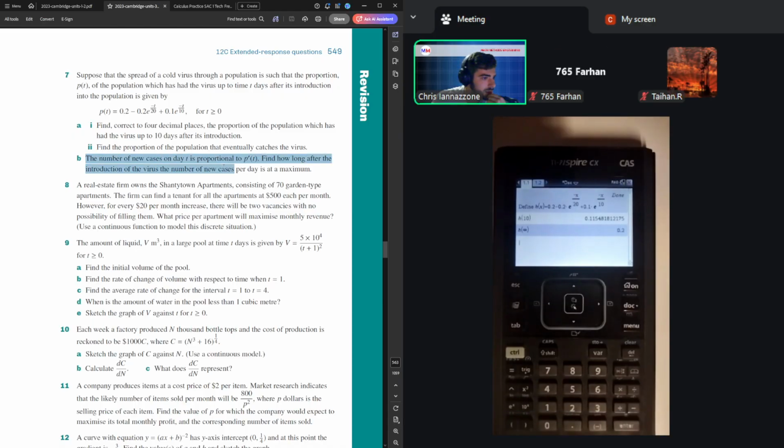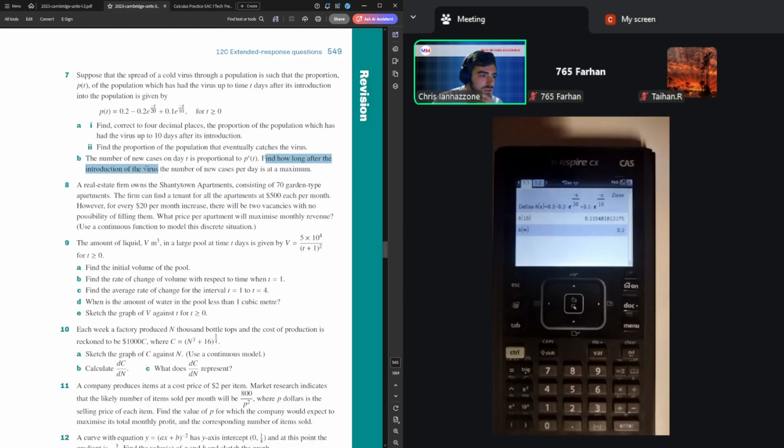Okay. Next up, and final for question 7. Let's see. Number of new cases on day t is proportional to P dash. Find how long after the introduction the number of new cases per day is at a maximum. The number of new cases on day t is proportional to the derivative.